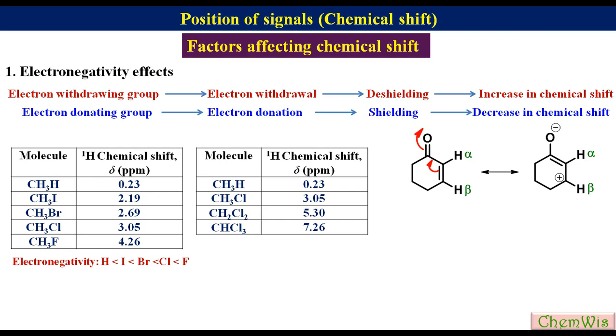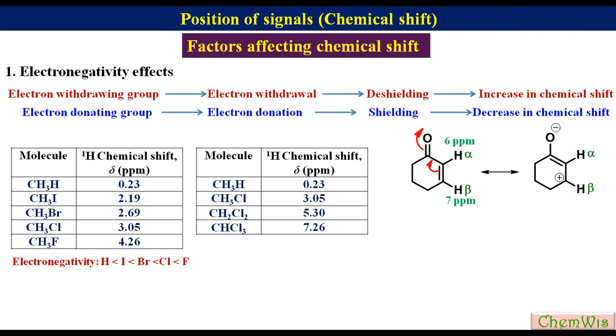Here we can see that due to resonance effect, the beta carbon is more electron deficient than alpha. So the beta proton will be more deshielded and thus will have higher chemical shift than alpha. The observed value of chemical shift of this alpha proton is around 6 ppm, while that of beta is 7 ppm.